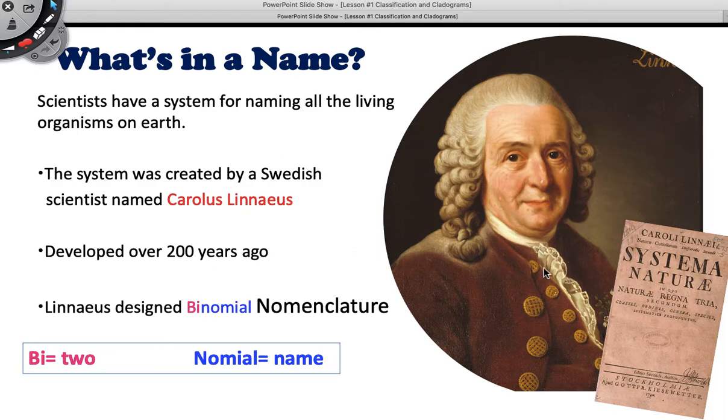His book comes with some controversy. Maybe we can spend some time in class discussing that. But what he used is this nomenclature. Nomenclature means rules for naming organisms, and he used a binomial method, which means that you use two names.